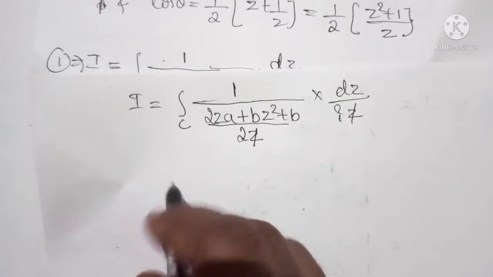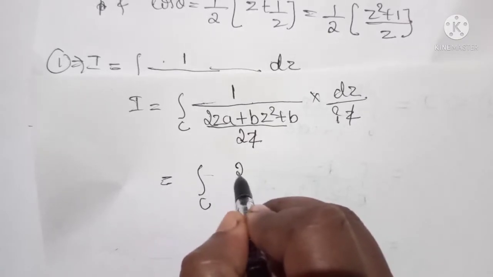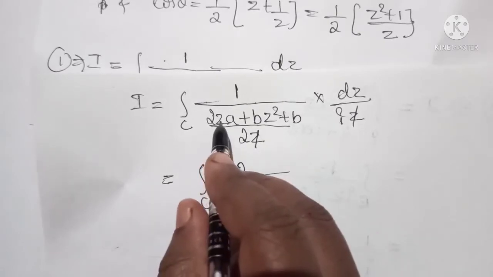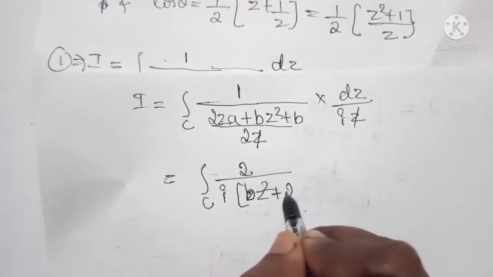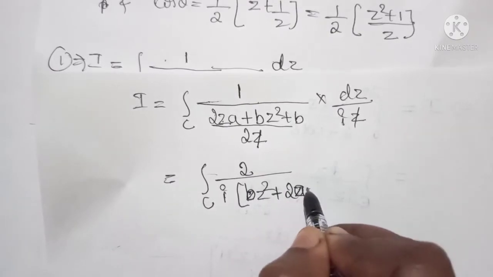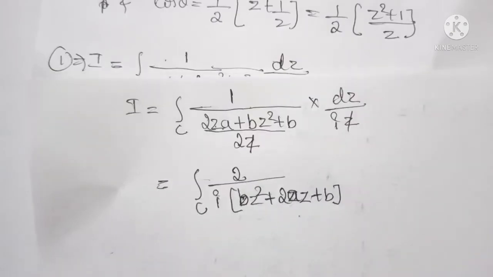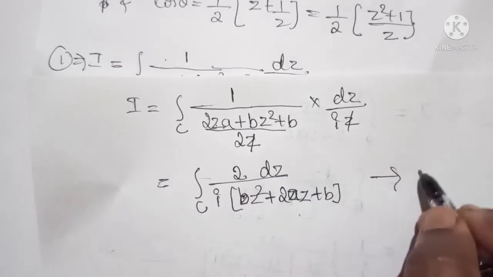So it becomes integral C 2 by i into 1 by b z square plus 2a z plus b, into dz. Consider this as equation 2.